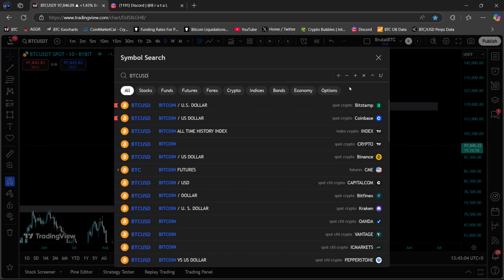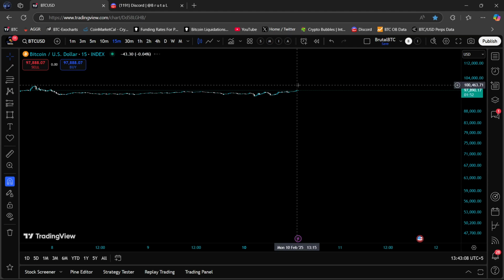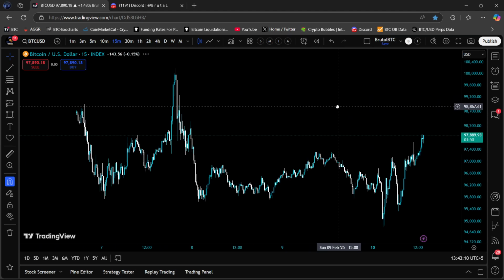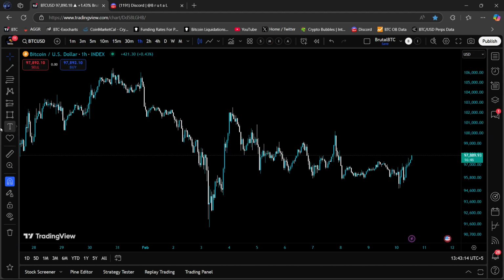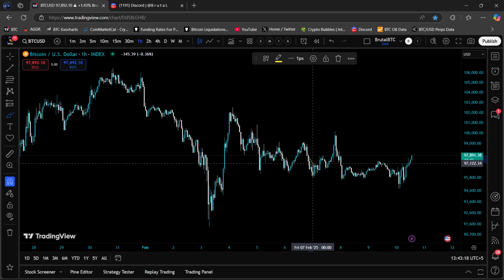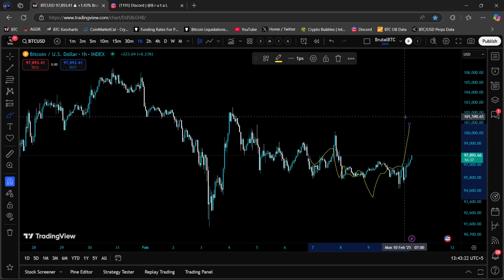So now we're going to move on to another chart. I made a lot of charts a couple of days ago and posted on Twitter. Maybe the price was over here, and I made something like this and then like this.